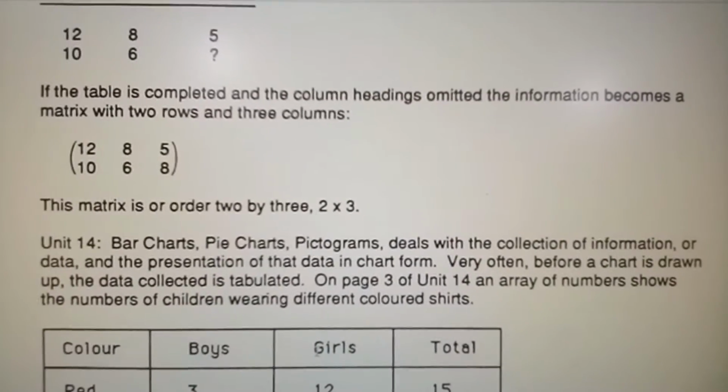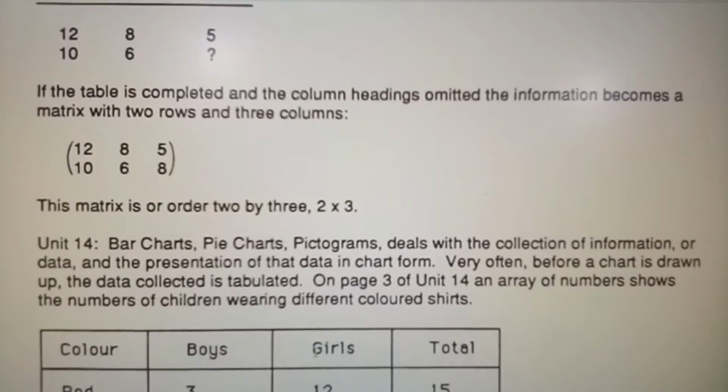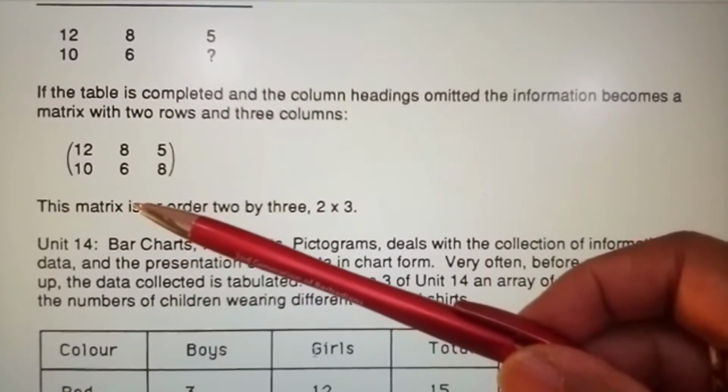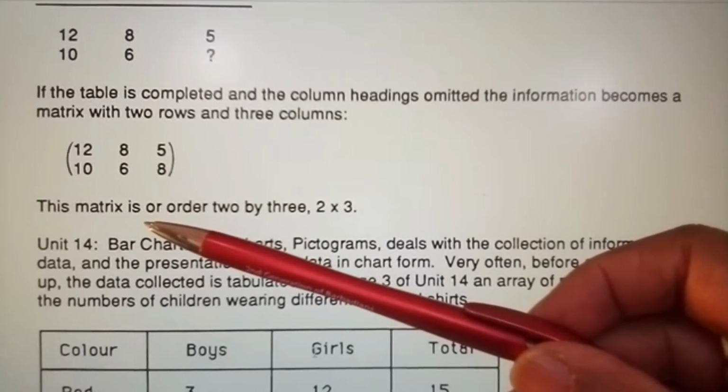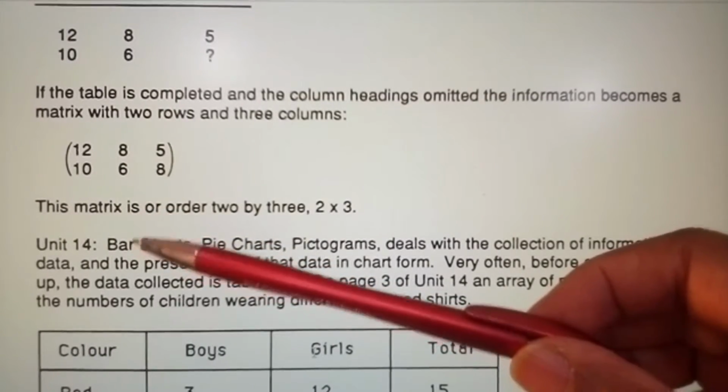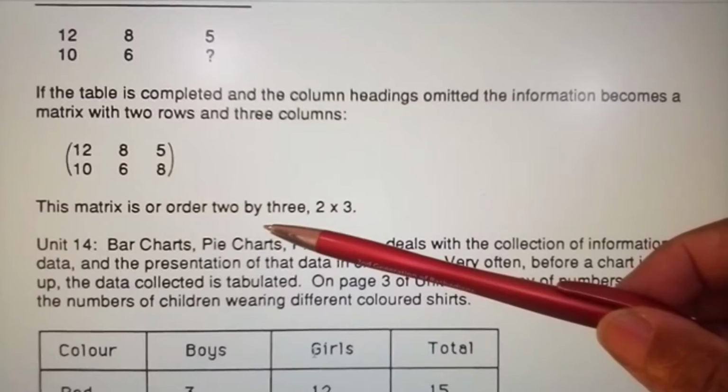The matrix is of order 2 by 3: 2 rows, 3 columns.